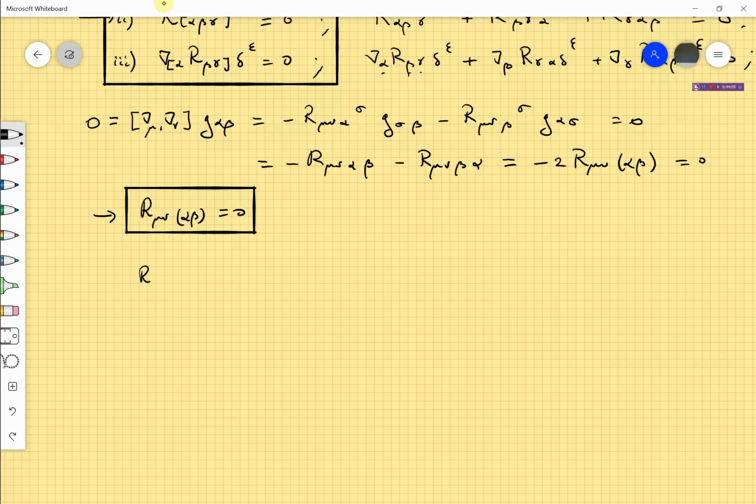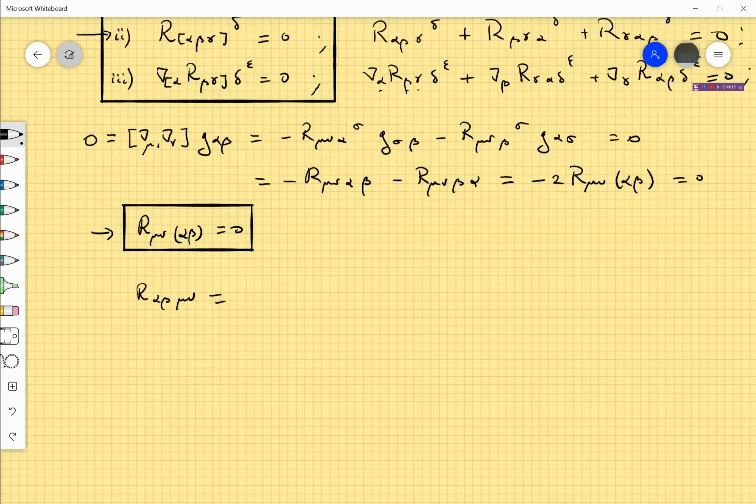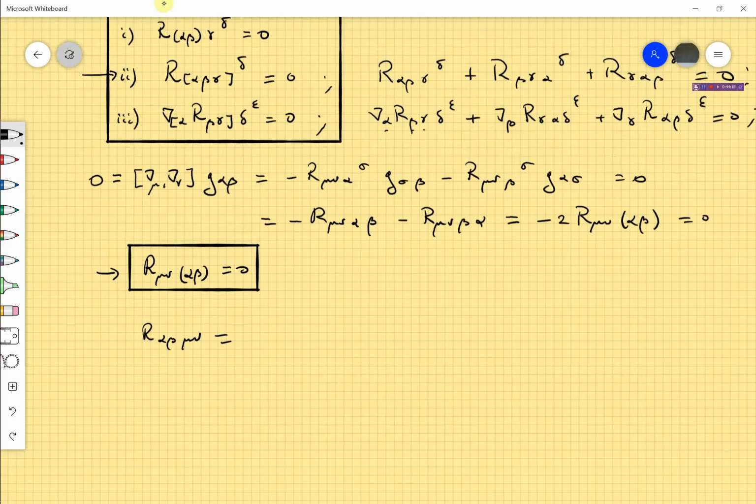So let me compute R alpha beta mu nu, and because of this property here, this is minus R beta mu alpha nu. I only permute cyclically the first three indices, minus R mu alpha beta nu.